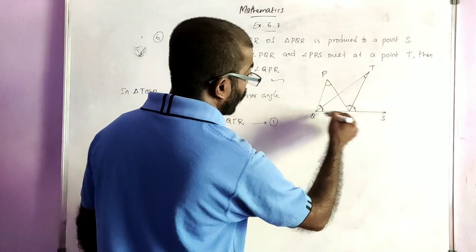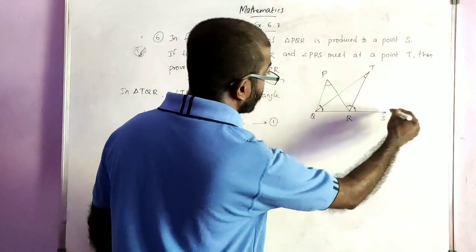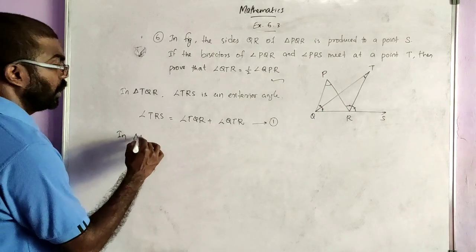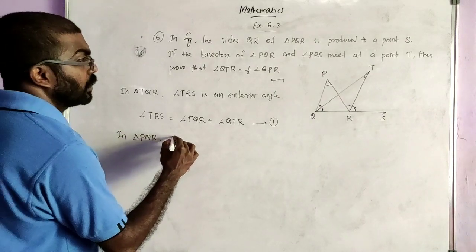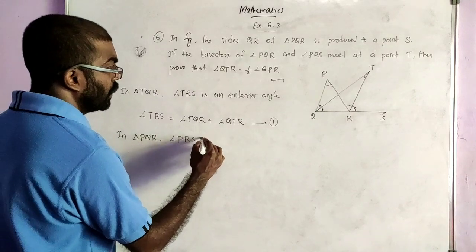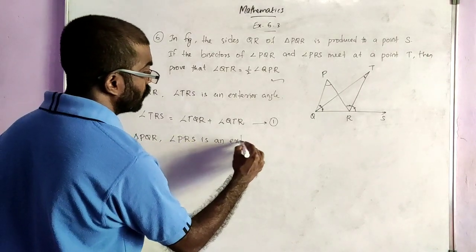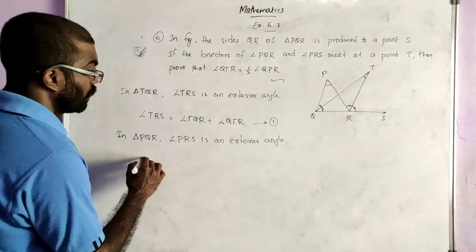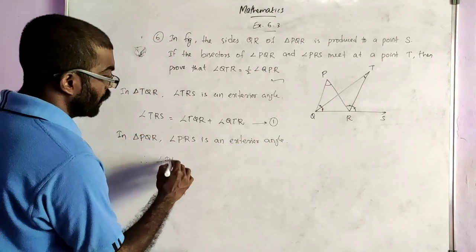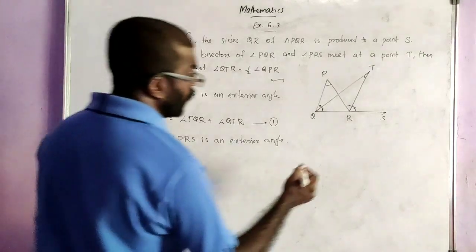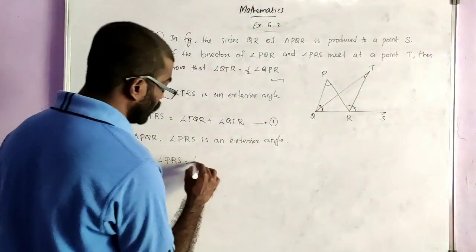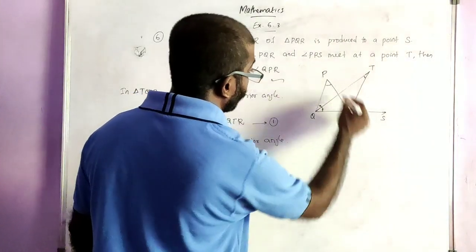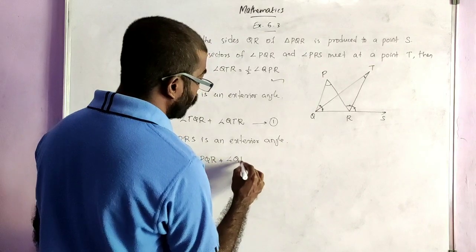Now in triangle PQR, PRS is an exterior angle. Therefore, angle PRS is equal to angle PQR plus angle QPR.